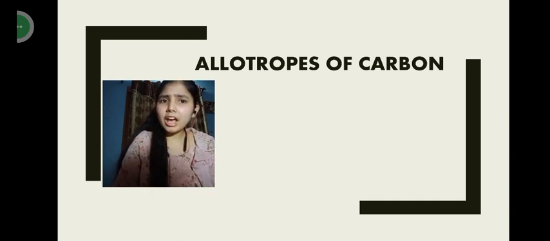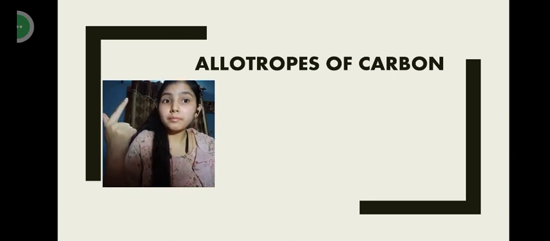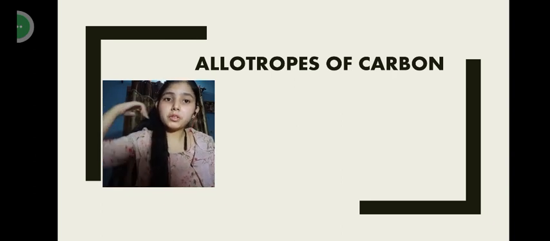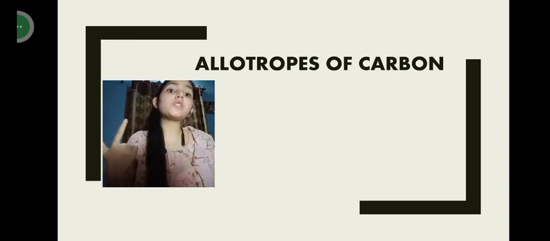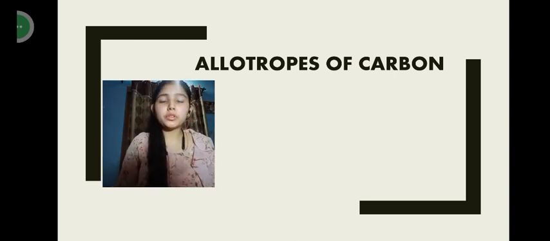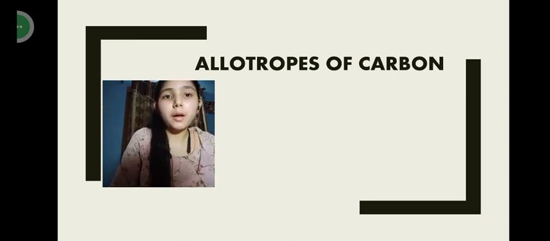Because we have made carbon so special. It doesn't feel satisfied with the word compounds. It says, I make such big compounds, so I need a special name. So allotropes will be the special name of my compounds. There is an attitude in carbon because it is so special.